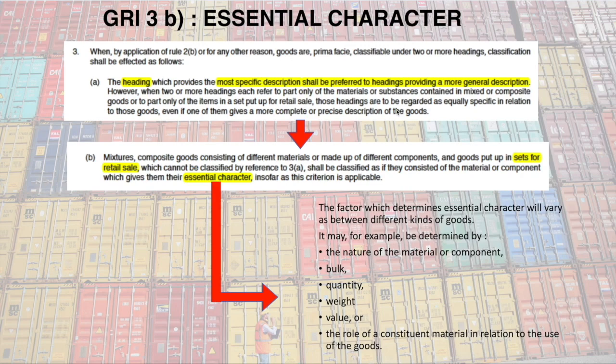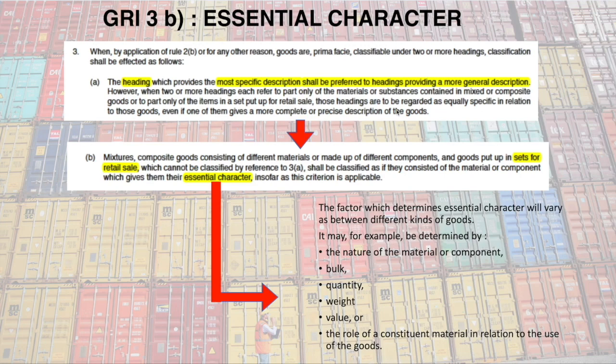Other times, it is based on the volume, quantity, percentage, weight, or value, or on the importance of a function in relation to the others. So in summary, for these cases, in mixed products the heading must be chosen of the matter or substance that confers the essential character to the merchandise.